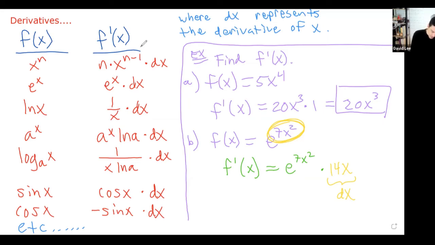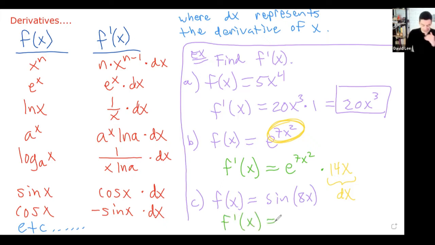Back in purple. What if I have something like this? Let's say some function equals the sine, parentheses, of 8x, close parentheses. And we want to find the derivative. So we have f prime equals, well, how do I find the derivative of sine?